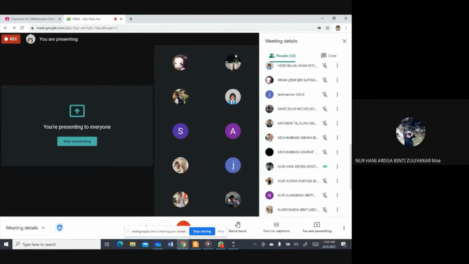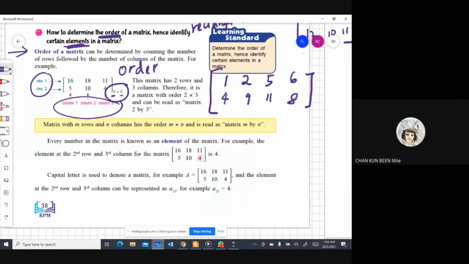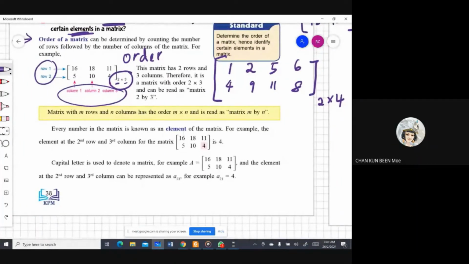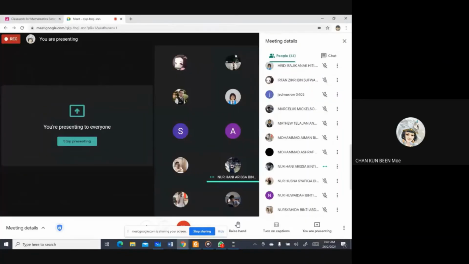Yes, madam. Okay, Honey, can you tell me what is the order for this matrix that I've just written down? Matrix 2 by 4, madam? Yes, very good. Matrix 2 by 4. So hopefully everybody understands. Does anyone not understand how to name the order of the matrix? You can raise your hand. No one, right? Okay, then I continue with the next one.